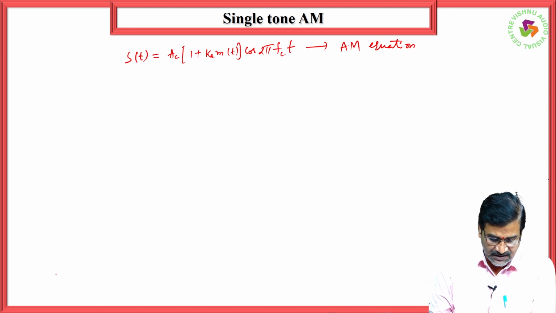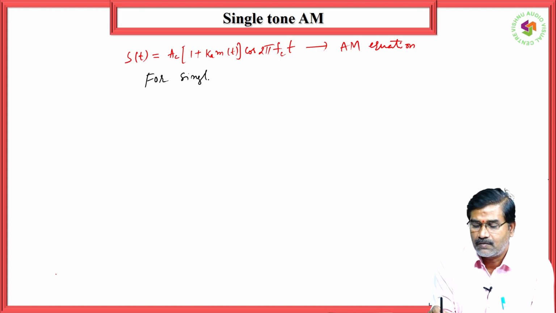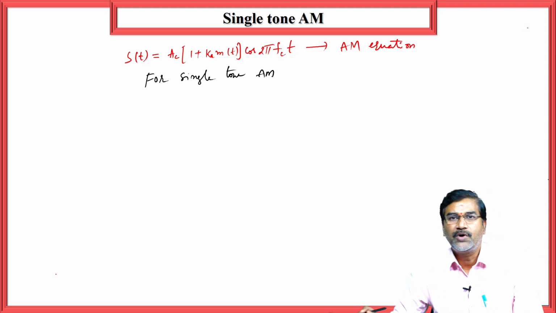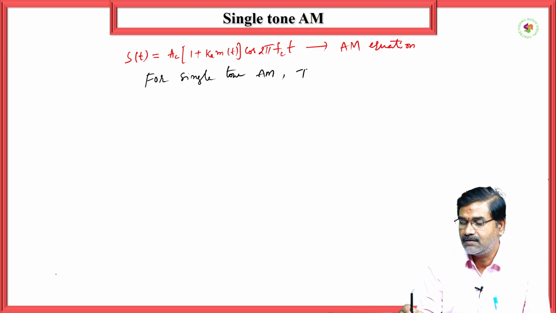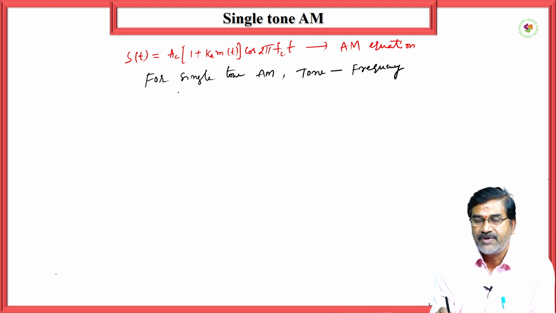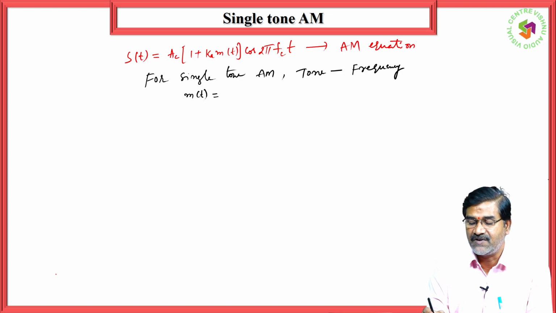Now, if you consider single tone AM, tone is nothing but frequency. For a single tone, your message signal m of t is a known signal which generates only a single frequency.